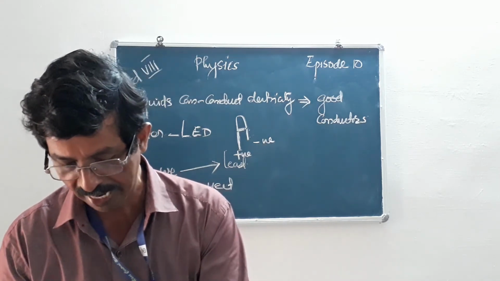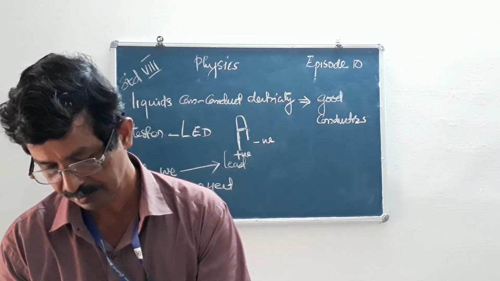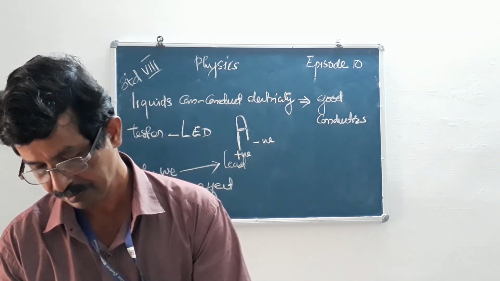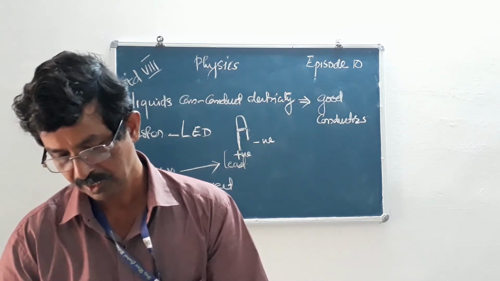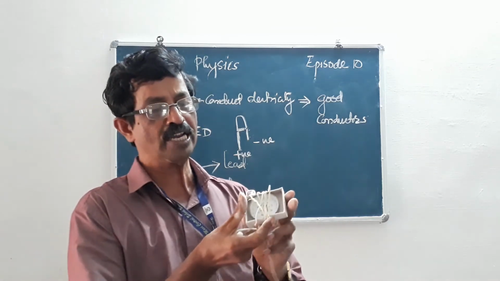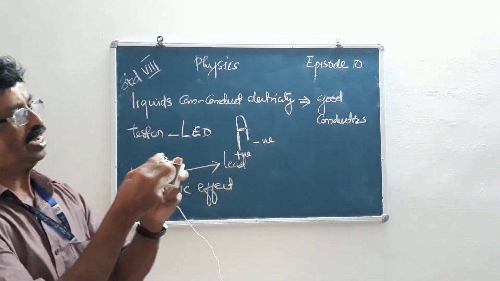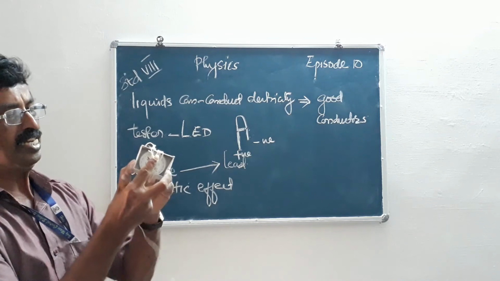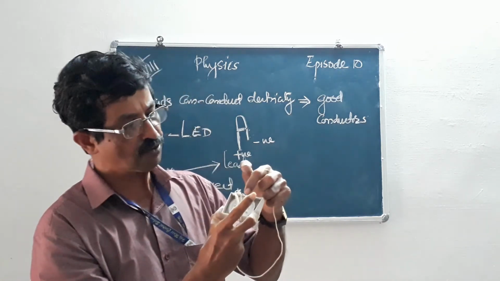You know, a magnetic compass is placed in a case, and we wound this copper wire over it, and when the free end is connected to the cell, we can see deflection in this.